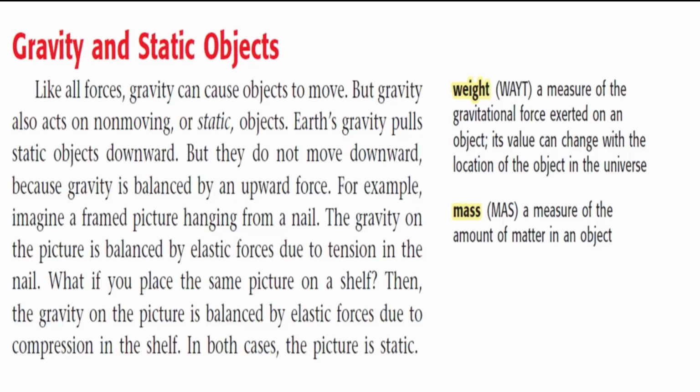For example, imagine a framed picture hanging from a nail. The gravity on the picture is balanced by elastic forces due to tension in the nail. What if you place the same picture on a shelf? Then the gravity on the picture is balanced by elastic forces due to compression in the shelf. In both cases, the picture is static.